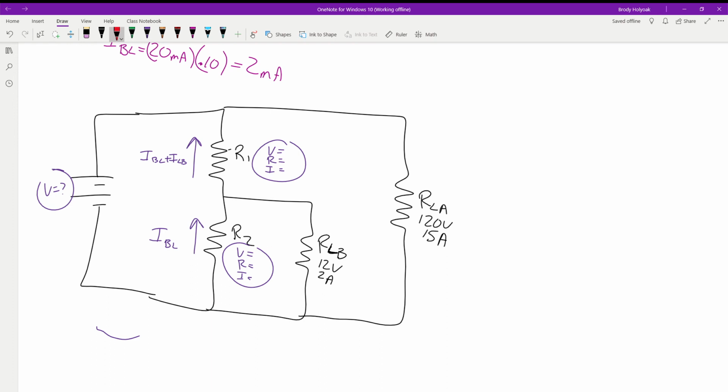So what is our load current? Okay. How much is our bleeder? 1.7 amps. What is the voltage across R2? 12 volts.